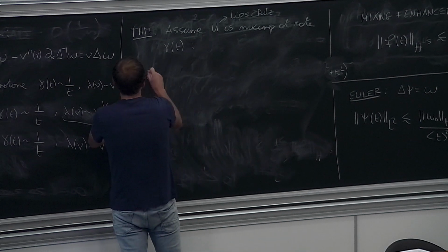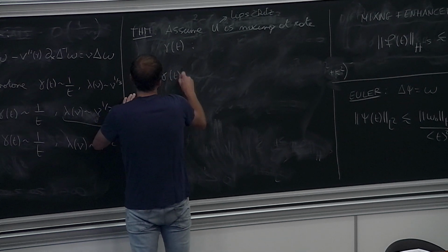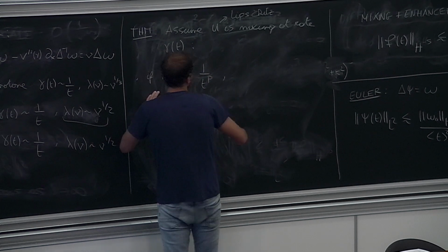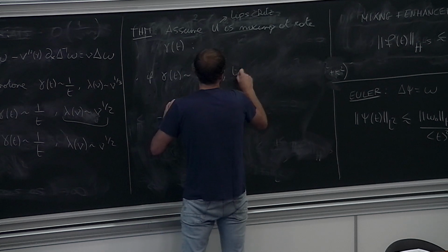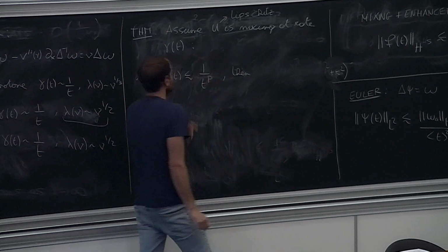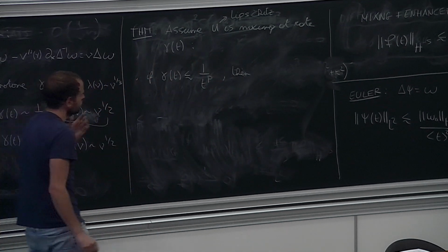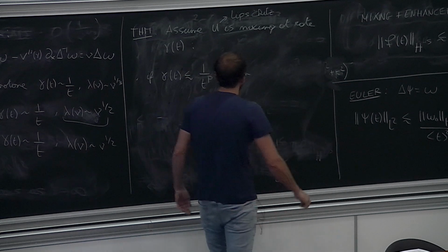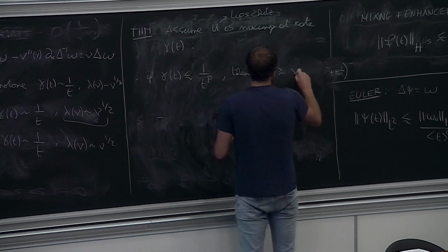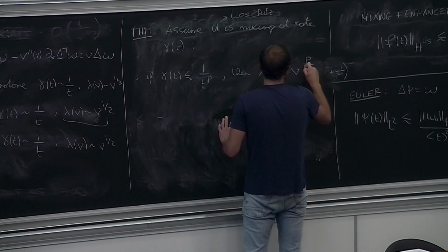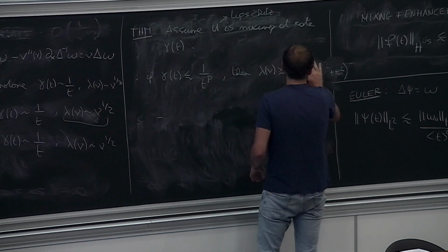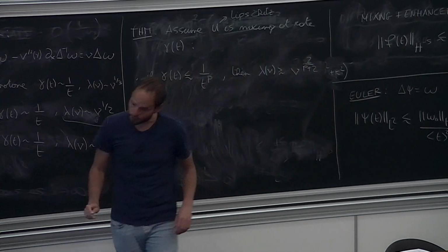So if gamma of t is 1 over t to the p, meaning you mix at least at rate 1 over t to the p, then lambda nu is greater than or equal to nu to the p over p plus 2. I actually, no, I don't remember.